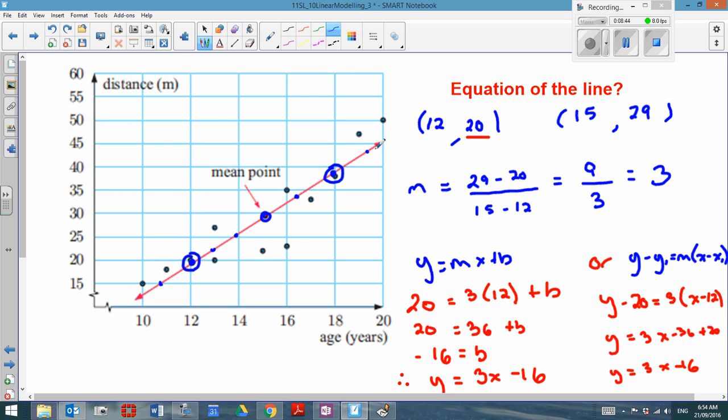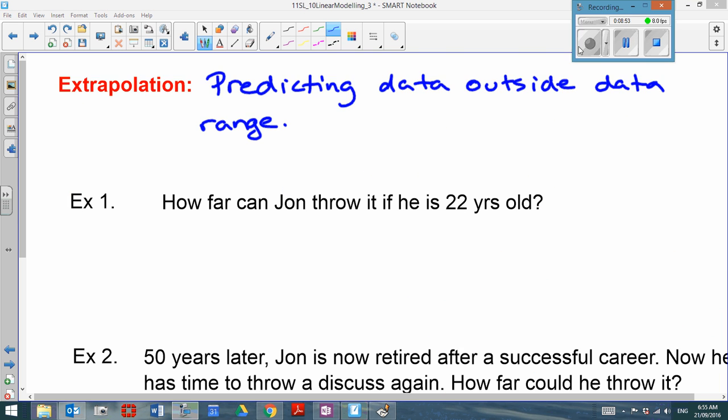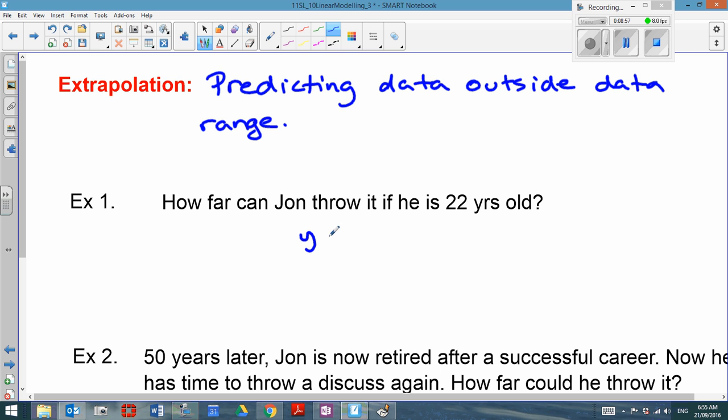If we go up to maybe a 50-year-old or a 60-year-old or a 70-year-old, we have to think again about what this trend line is really representing and if it's realistic. So how far could John throw if he was 22 years old? Then I'd substitute in 3 times 22, and then minus your 16. Similar.